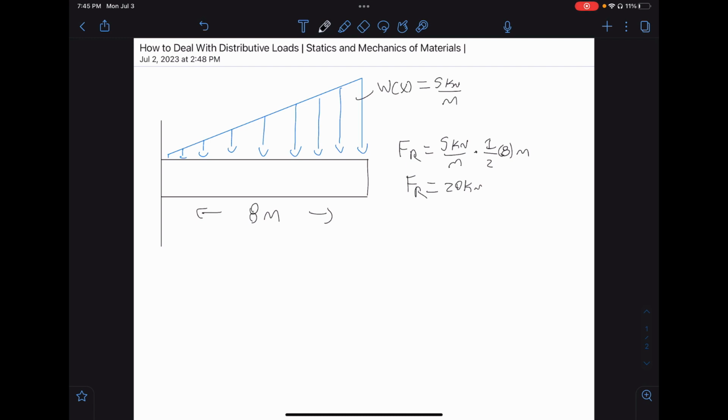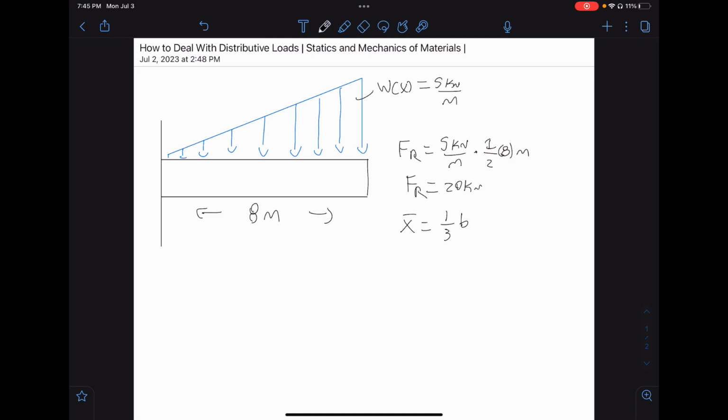Now, to find the location of this, we can't just take the length of the beam and divide it by 2. It's not a rectangle. The midpoint of a triangle is actually represented by 1/3 the base from the tall side of the triangle. So this would be from the right side going left. You would go 1/3.